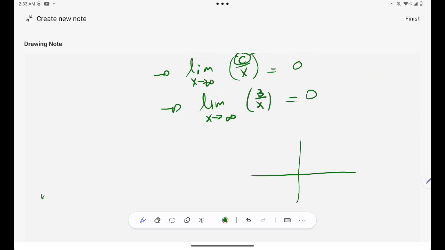Because if I draw this graph, 3 over x, it's a graph like this. It's a graph like this. With the y-axis and the x-axis, as the graph continues until infinity, the graph gets closer and closer to 0.